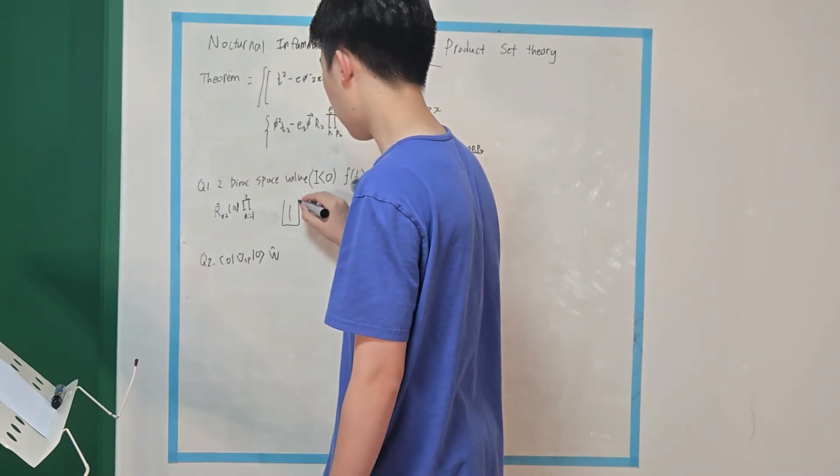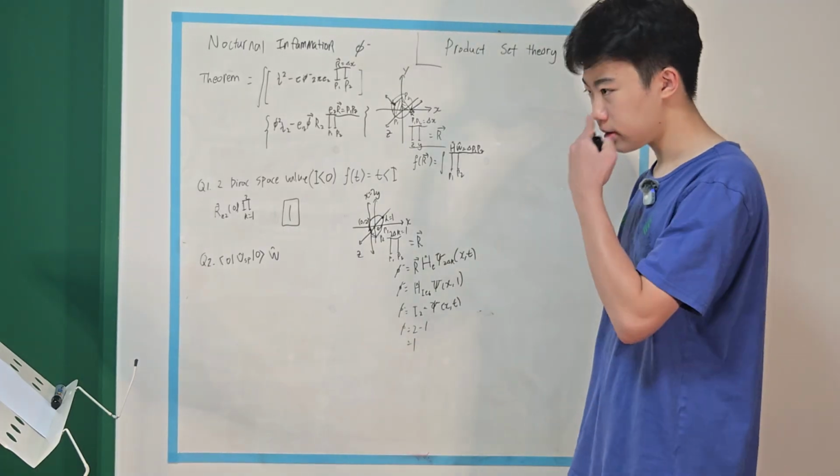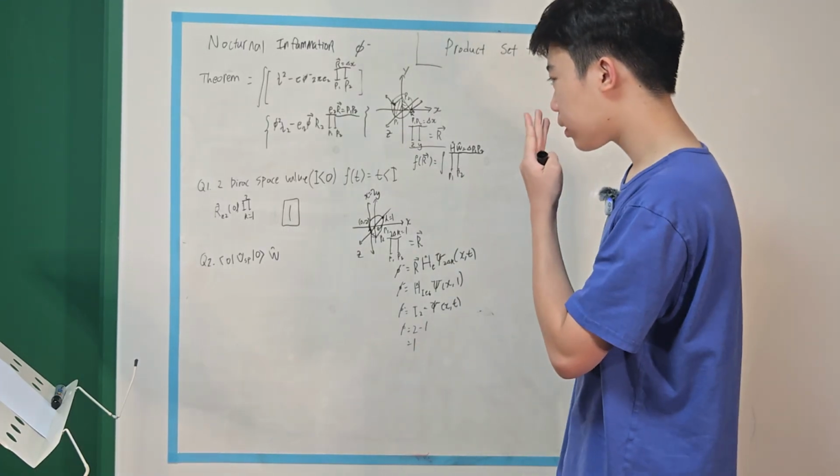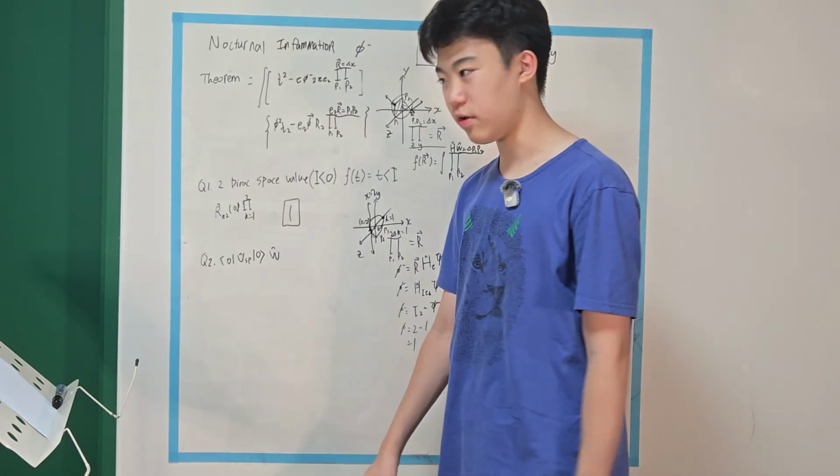So this is 1. The answer is 1 for this. This is the easiest question in the Nocturnal Inflammation.